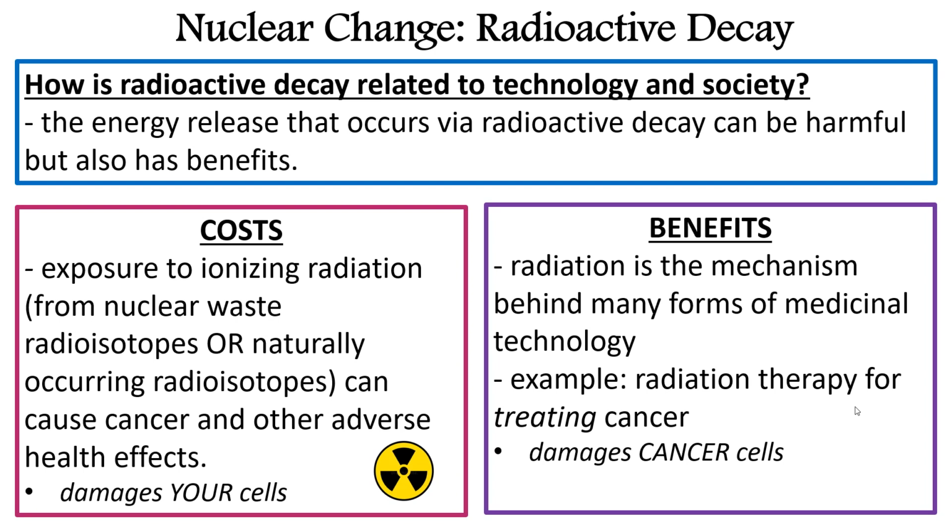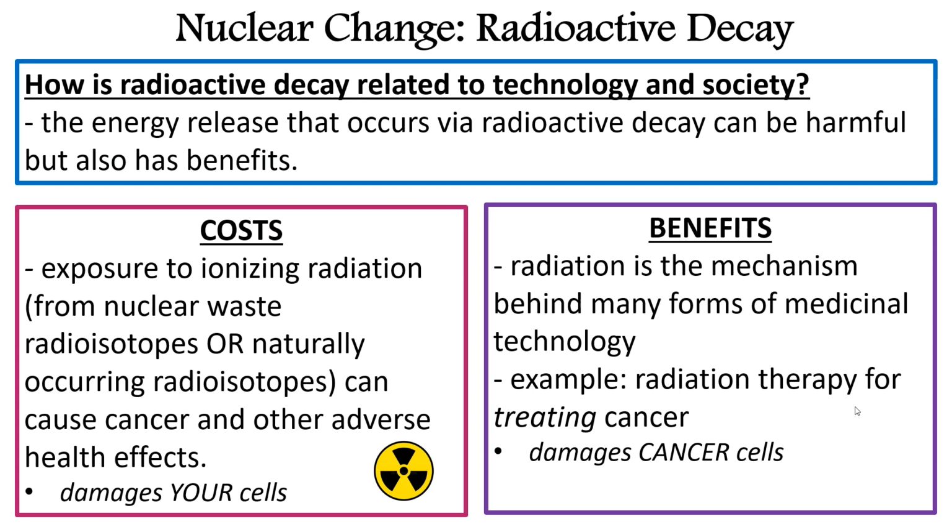But there are benefits to radioactive decay. Radiation is the mechanism behind so many forms of medicinal technology that you can look up. As one example, radiation therapy for actually treating some types of cancer works because it damages cancer cells.